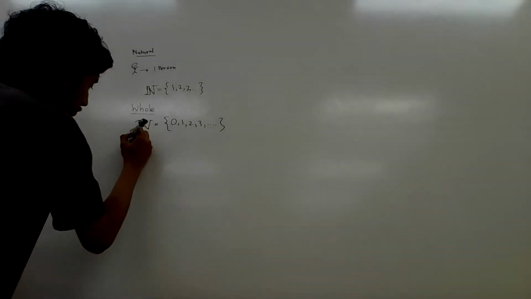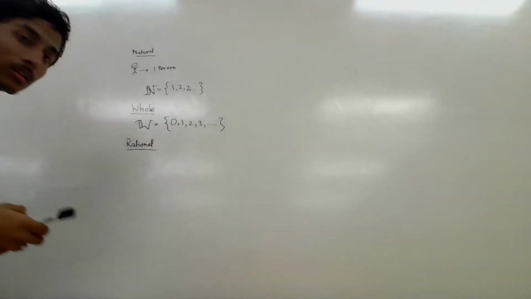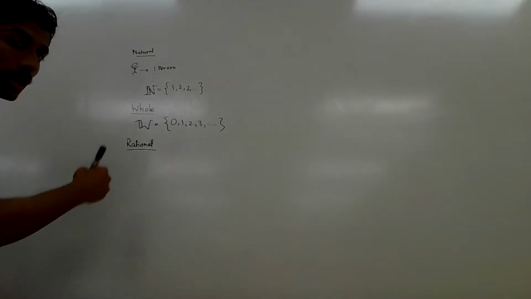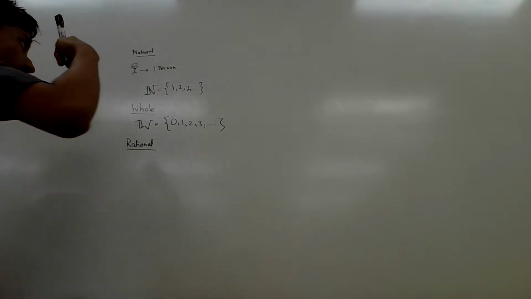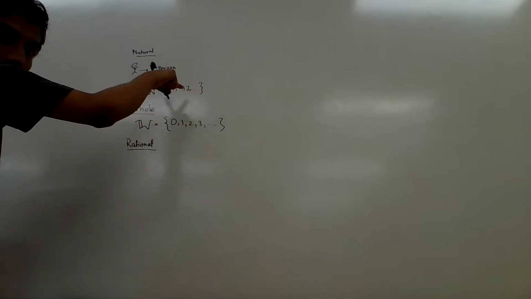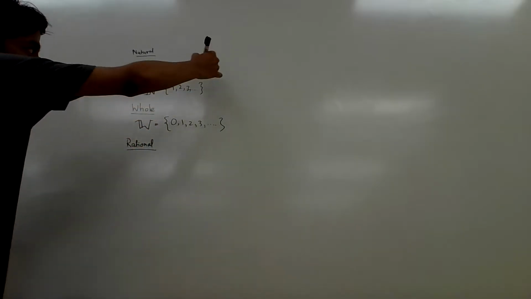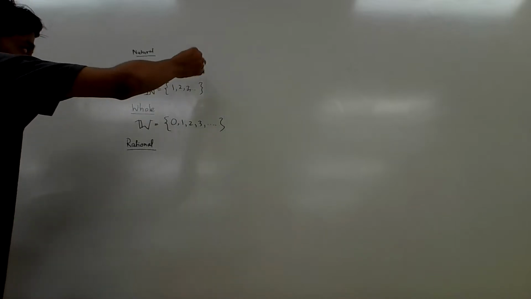Now, if you want to move to rational numbers, what are rational numbers? Rational numbers are defined in a pretty easy way. Say you wish to take a number which is a fraction. For example, if you wish to divide two numbers from the natural numbers, you apply a binary operation like division.